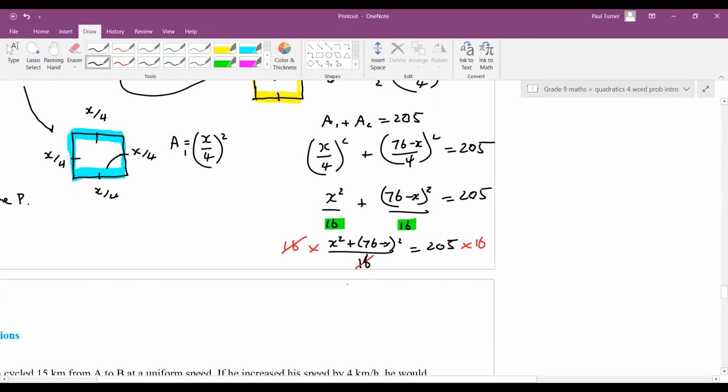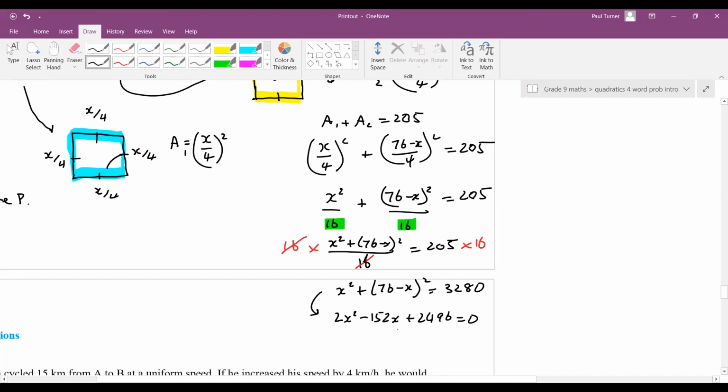And then we'll end up with x squared plus 76 minus x squared equals 3280. Okay. Now, if we expand that fully, we'll end up with this equation. You'll end up with 2x squared minus 152x plus 2496 equals 0 by expansion.